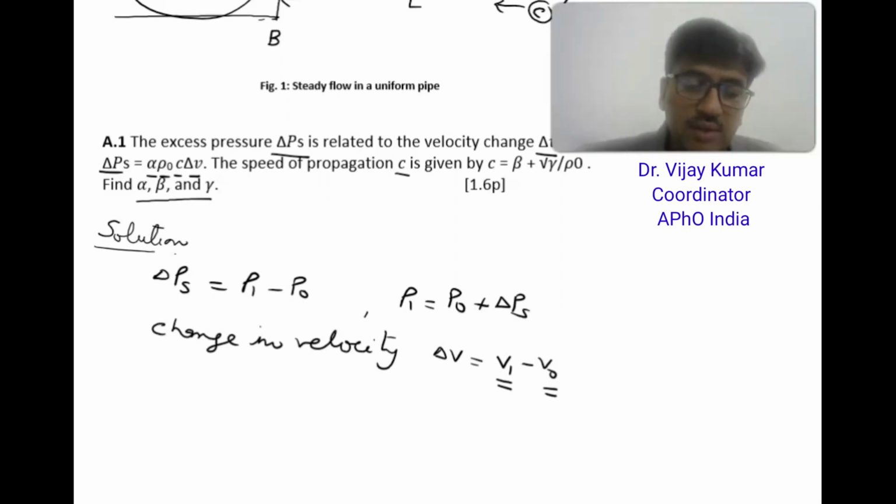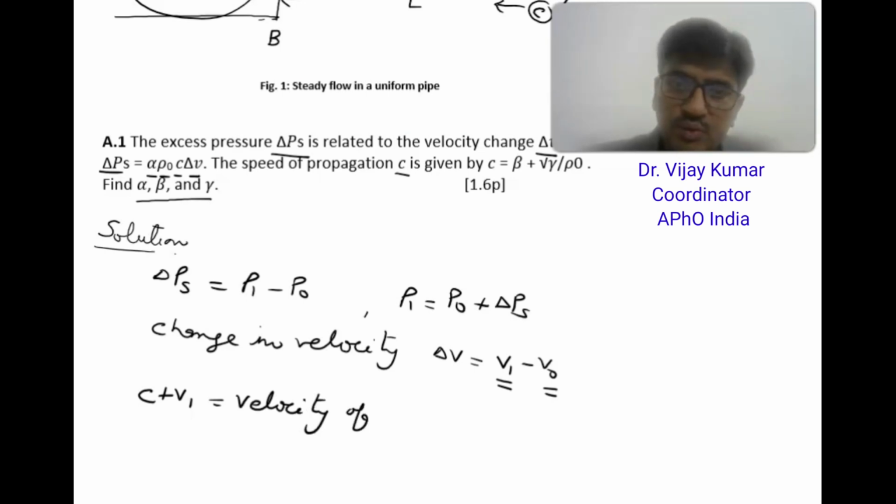So the velocity of fluid in the pressure wave should be C plus V1.